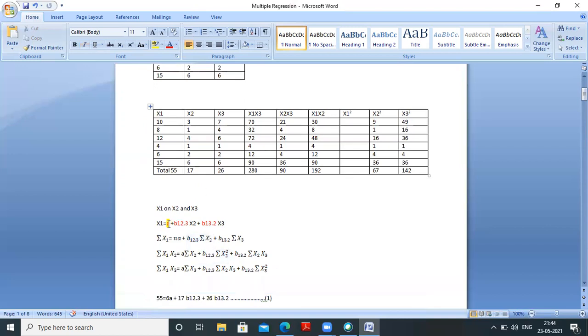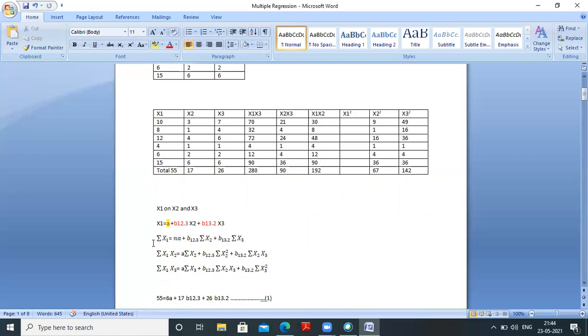These a, b12.3 and b13.2 are unknown parameters which we have to solve. Because there are three unknown parameters, we need three equations which can be solved simultaneously to calculate the values of a, b12.3 and b13.2.